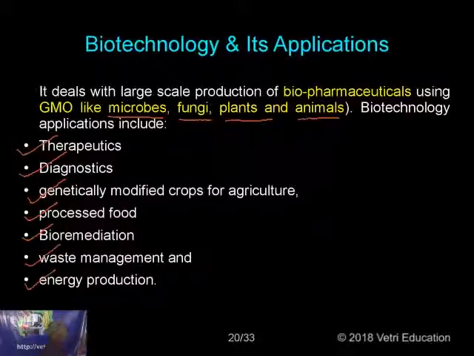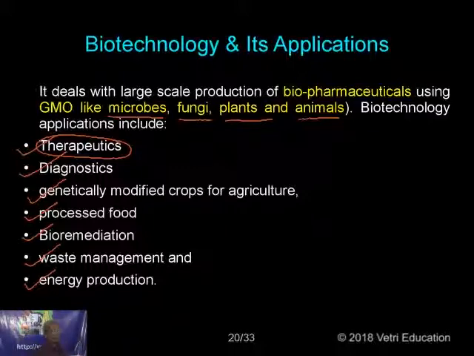So these are all the areas where biotechnology is spreading its wing. Therapeutics includes so many pharmaceuticals. It's a very broad area. So many medicines have now come to the market in the case of diabetes, and for different types of cancer, and for some dreadful diseases. Now genetically modified medicines, drugs are coming to the market. So this area is the therapeutics.